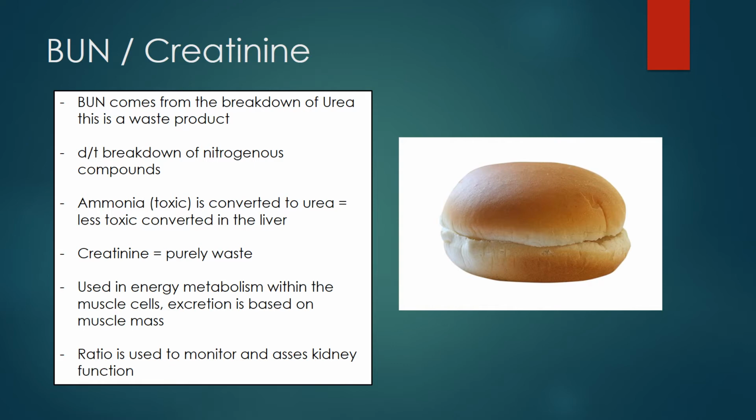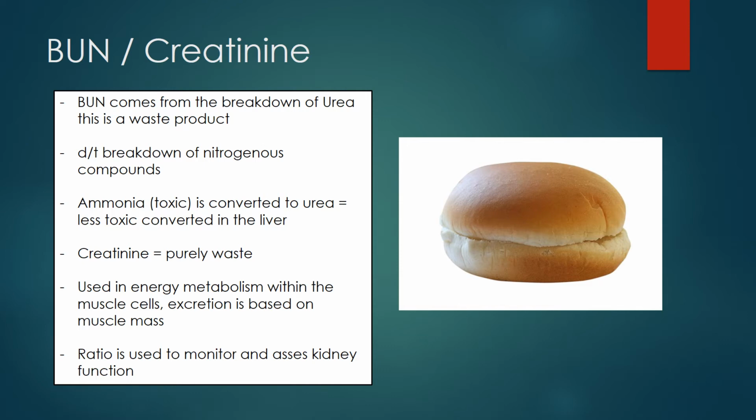And then creatinine. That's obviously a breakdown product from metabolism in the muscle. So creatinine is really a complete waste product for the body, so this is a great thing. It's not changed or manipulated in the body, so it's a great product to monitor to assess renal function.